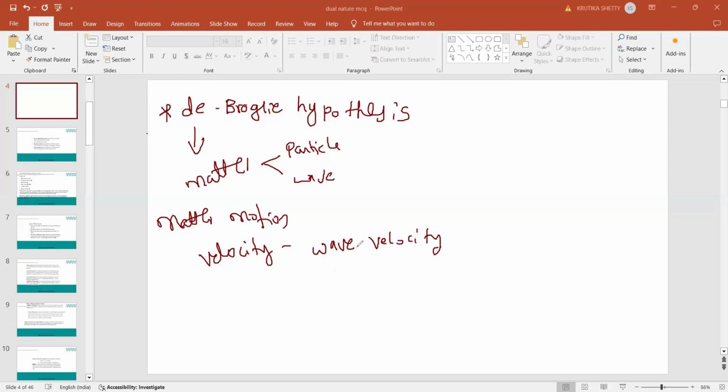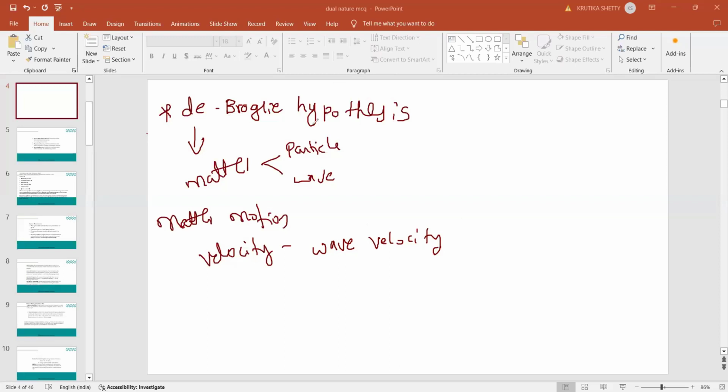What are matter waves? These are waves associated with moving particles. When they are in motion, the velocity associated with that is called wave velocity, or matter wave velocity. Okay, so who proposed this? de Broglie proposed this.